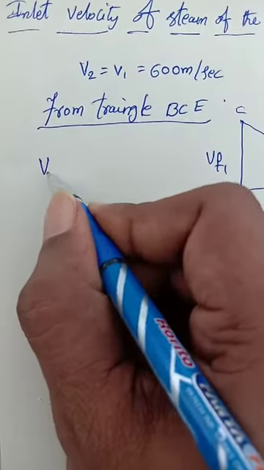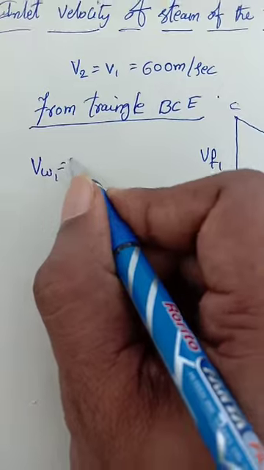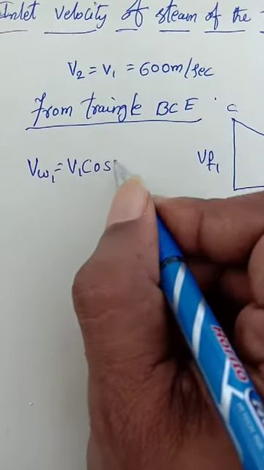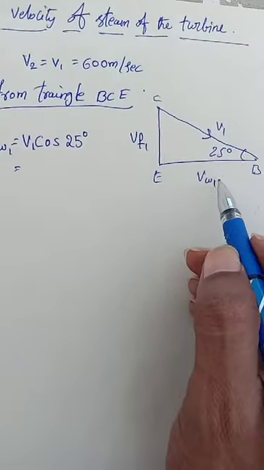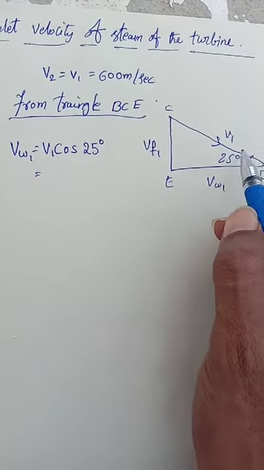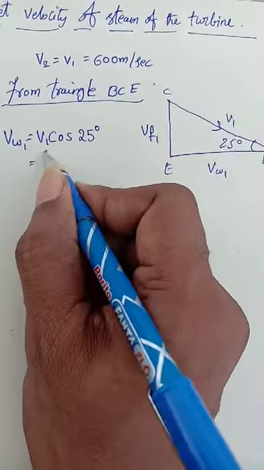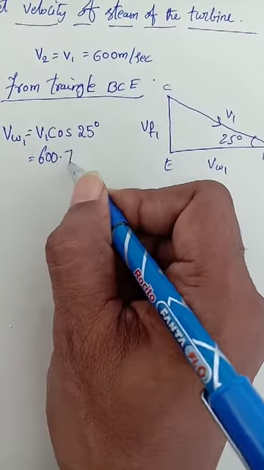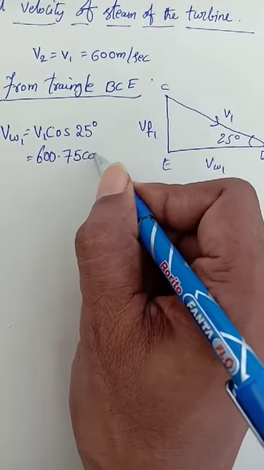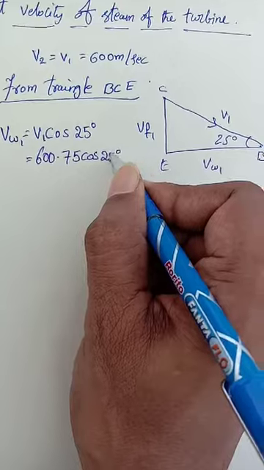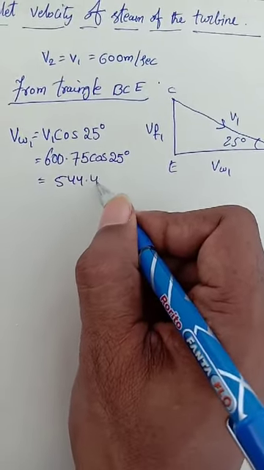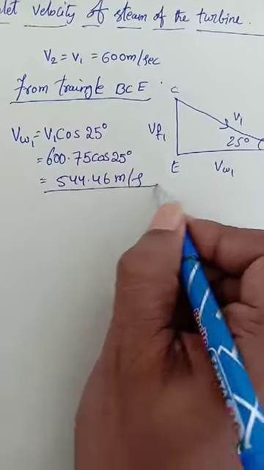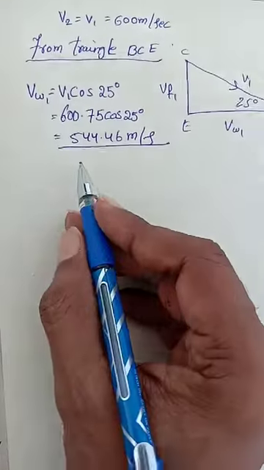Now VW1 is equal to V1 cos 25 degrees. Okay, VW1 is equal to V1 cos 25 degrees. Then here cos 25 degrees. Calculate this, we'll get the answer for this, meter per second, VW1 real velocity.